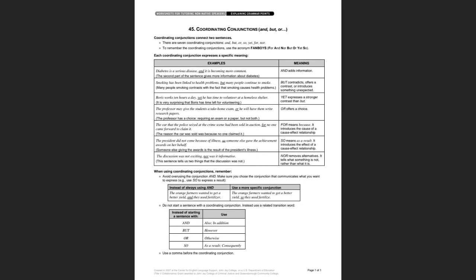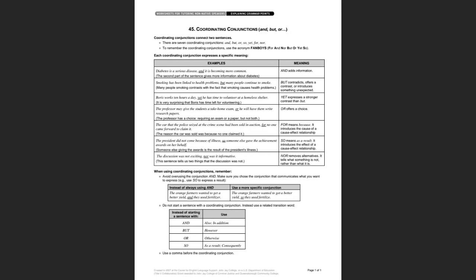And this document tells you that and adds information, which is similarities, but is a contrast, yet also contradicts but does so more strongly, or gives you a choice. For is because, so is as a result, and nor removes an alternative.